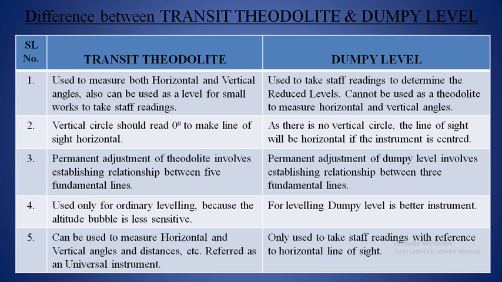But the dumpy level cannot be used as a theodolite to measure the horizontal or vertical angles. We can only take staff readings with the reference to the horizontal line of sight or line of collimation.